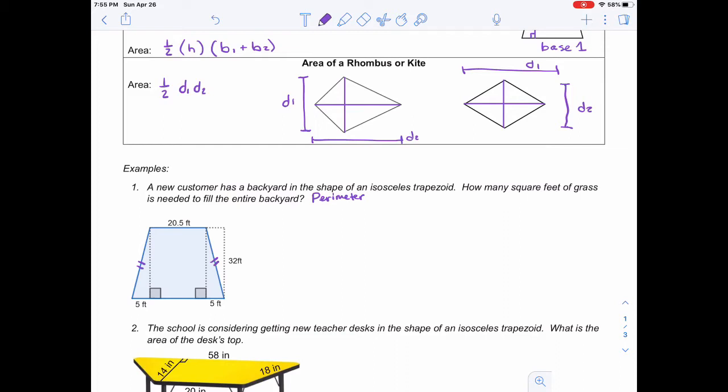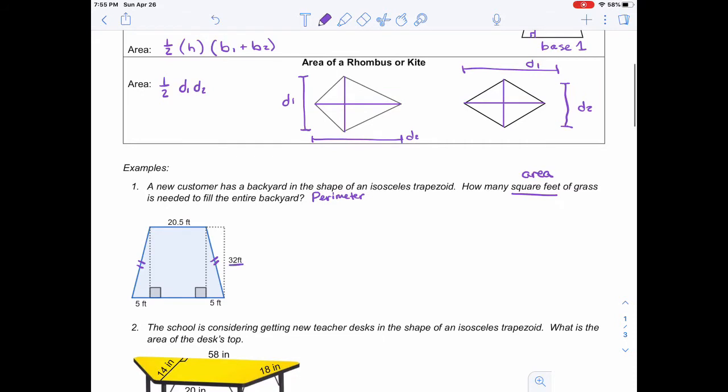Now, all that's asking for, since it says square feet, that indicates that we want our area. So we can see right here that it gives us our height is 32. And again, they just didn't label it on the inside of the trapezoid, so I'm going to go ahead and do that. And remember, for our area, we need our two base lengths and our height.